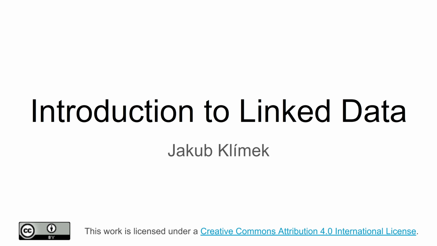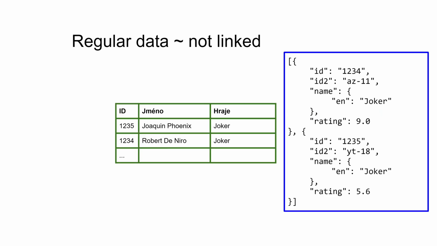Before we start talking about linked data itself, we need to think about what is wrong with regular, not linked data. For example, take a look at these two datasets. On the left, we have a typical tabular dataset.